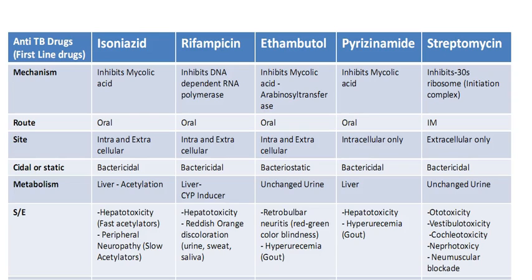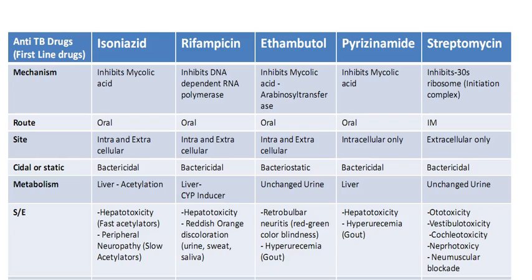The major metabolism of rifampicin is through liver enzymes, that is, it gets metabolized by CYP. And more importantly, the most important drug interaction you need to remember is that rifampicin is a potent CYP inducer. It means it would have some major drug interactions. And the important side effect associated with rifampicin is hepatotoxicity.